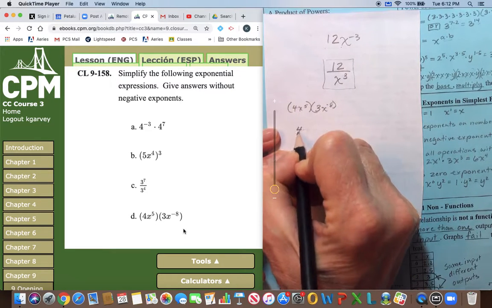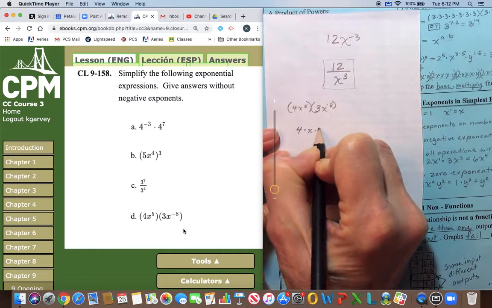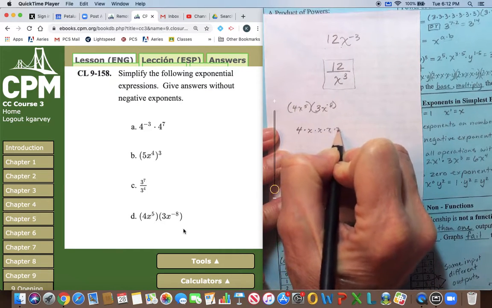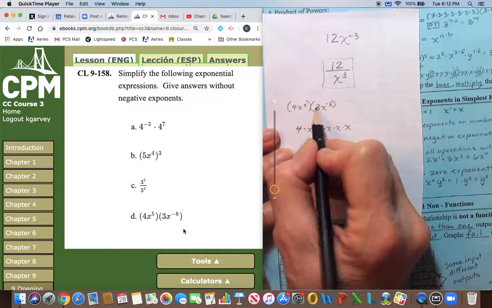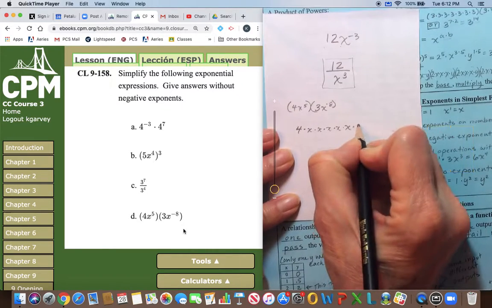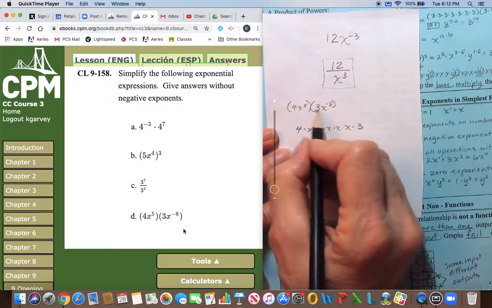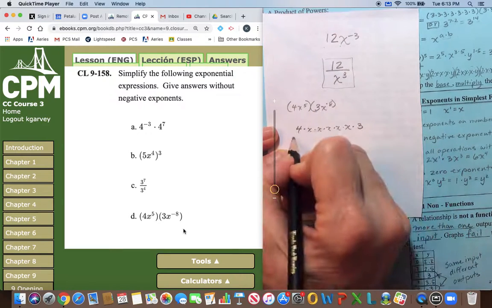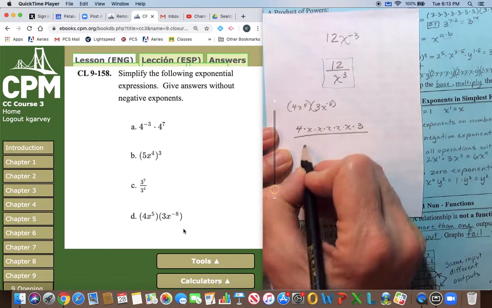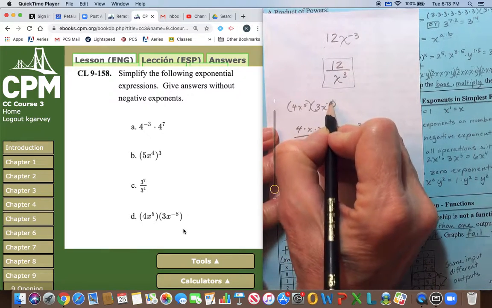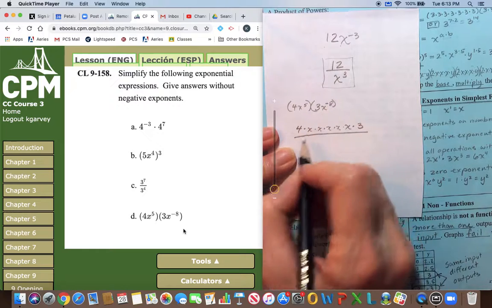So that's 4 times x times x times x times x times x, 5 times. And then we have a 3, and that's a positive 3. But then x to the -8 needs to go below the line as a denominator because it's a negative exponent.